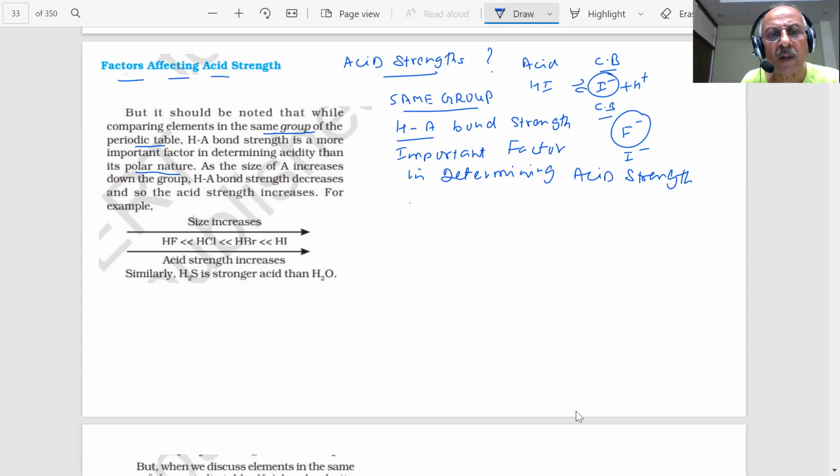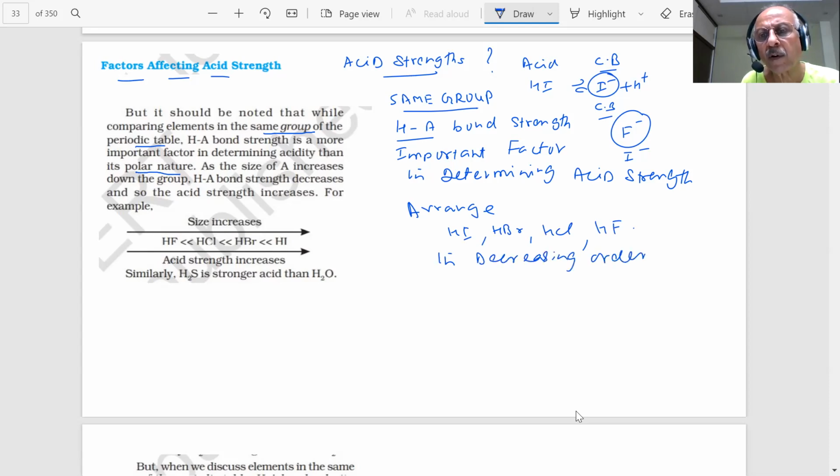They said, arrange the following: HI, HBr, HCl, HF, in decreasing order of acid strength. The question has been given many times. This question is important. In many exams you will see that question in one form or another.